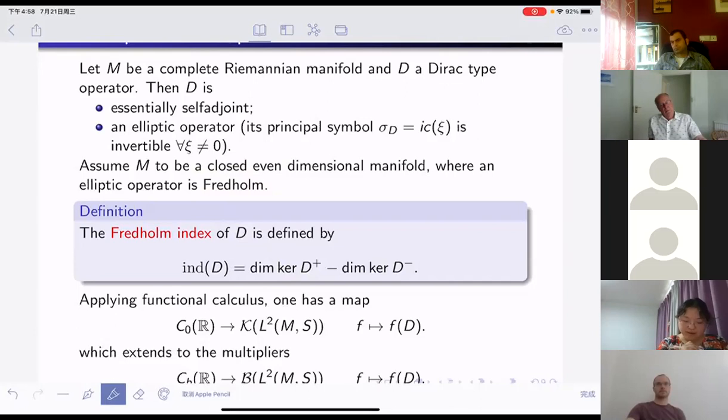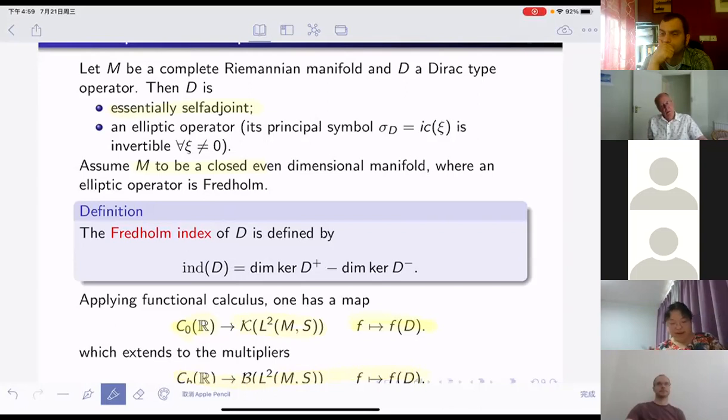To define the K-theoretic index, we need to use the fact that D is essentially self-adjoint, so one can take functional calculus for D. Using the fact that M is closed, one can show that for a function which is continuous and vanishing at infinity, the functional calculus of this Dirac operator lies inside the compact operators, and that can be extended to the multipliers.